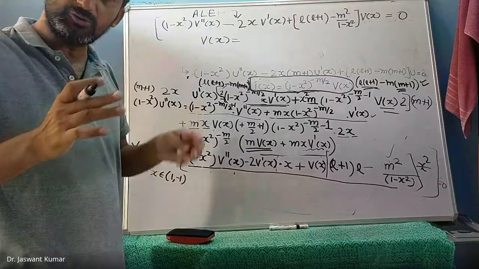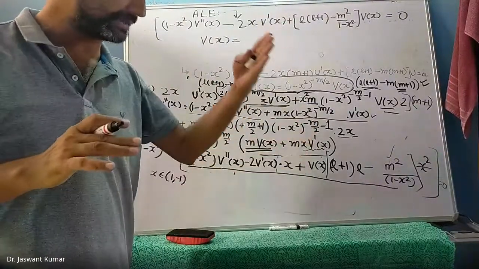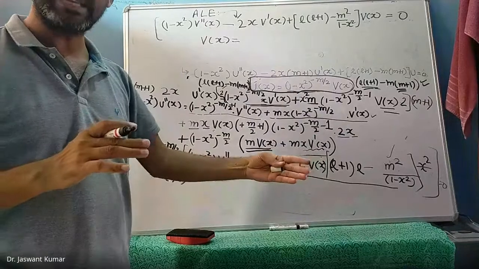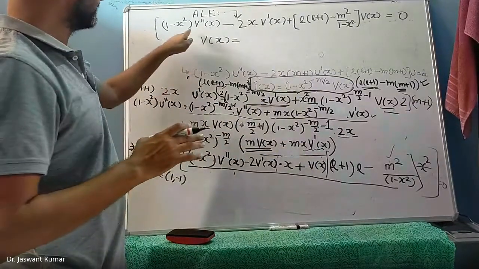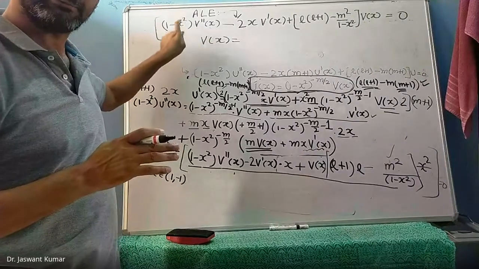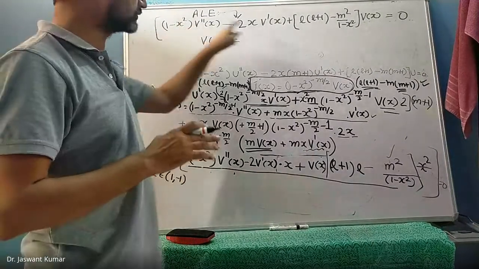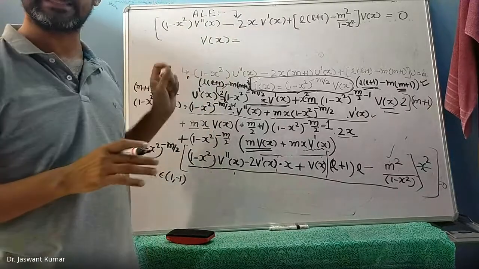Very good. So see, without solving the associated Legendre equation from the beginning, we have arrived at the associated Legendre equation. And now that we have arrived at it, we know that this is an associated Legendre equation in v of x.